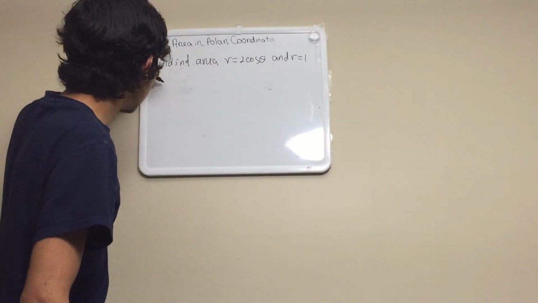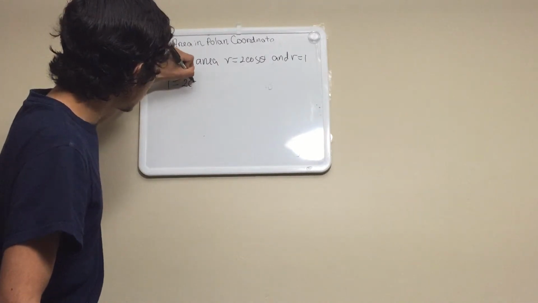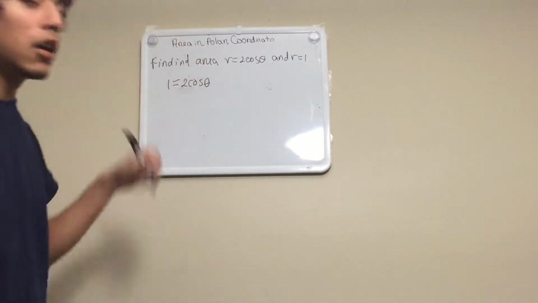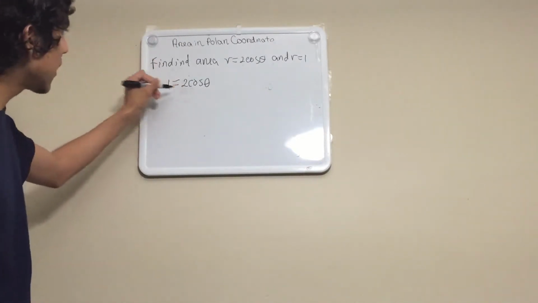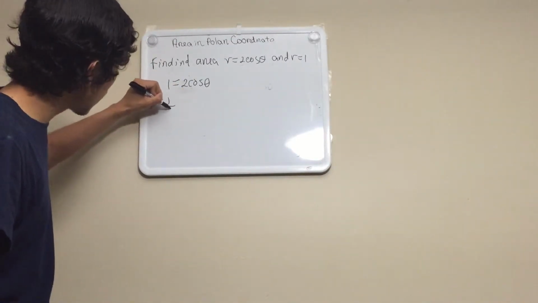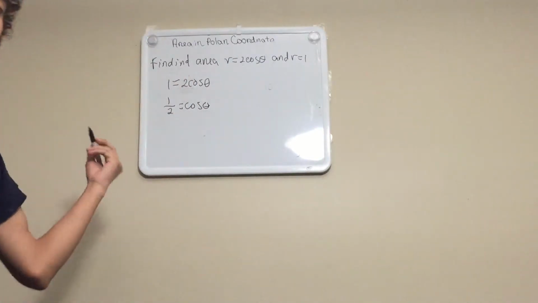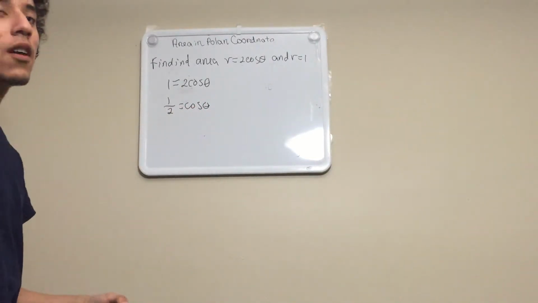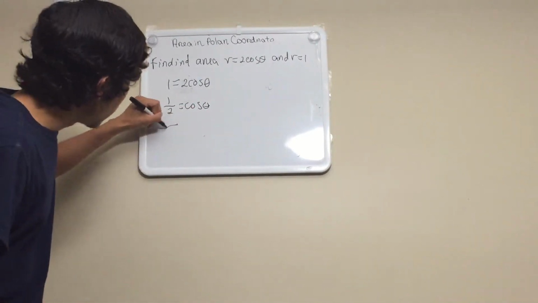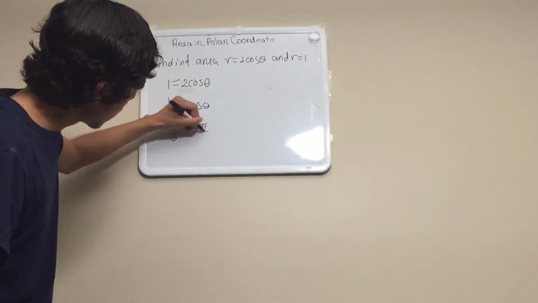When we set them equal, we get 1 = 2 cosine theta. To solve, we simply divide by 2 on each side, and then we have 1/2 = cosine theta. So when does cosine equal 1/2? We know that it's at pi over 3 and 5 pi over 3.